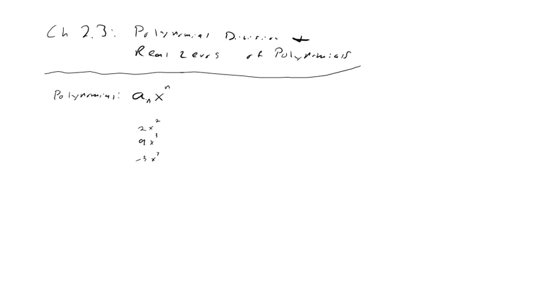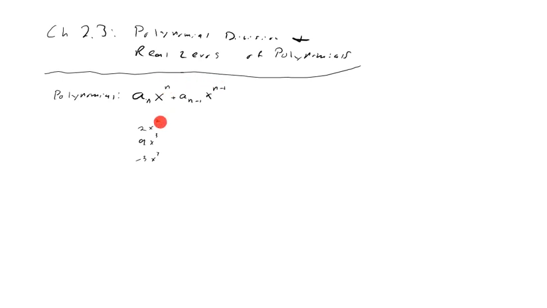Those are polynomials. And a polynomial can have as many of these as it wants. I'm going to have the next one, a sub n minus 1, x to the n minus 1. This just means I start at some biggest exponent, and I get the next exponent down. If this was a 7, this would be 6.